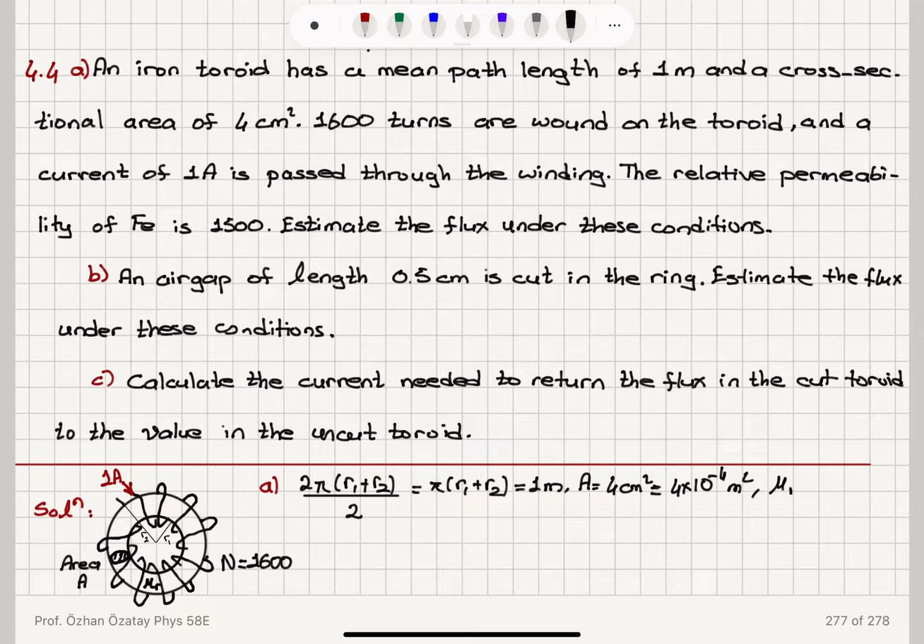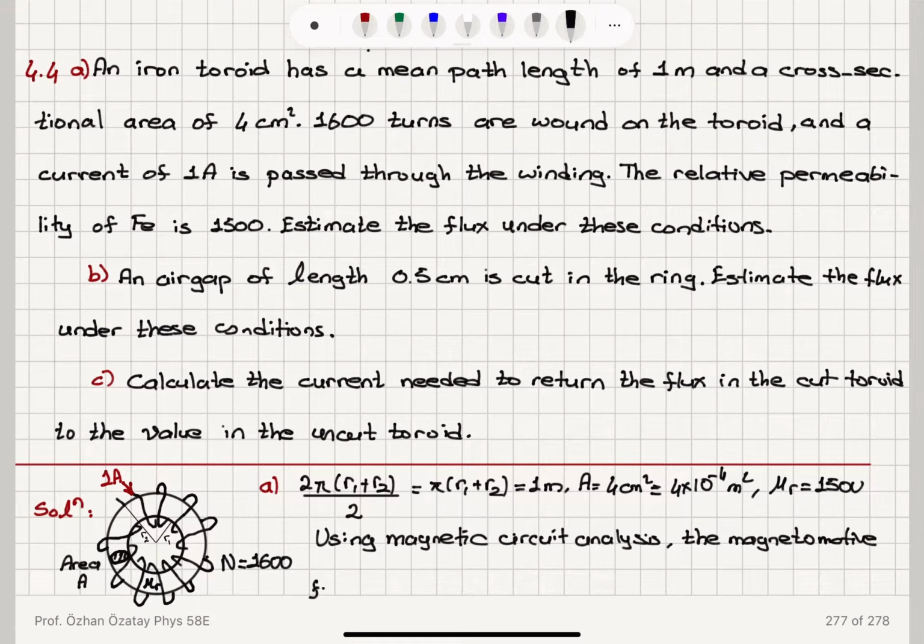The relative permeability is 1500. Now we will use magnetic circuit analysis. We have to find the magnetomotive force, which is the analogous quantity to electromotive force. This is MMF, the other one was EMF.